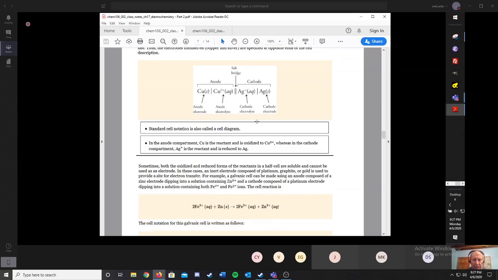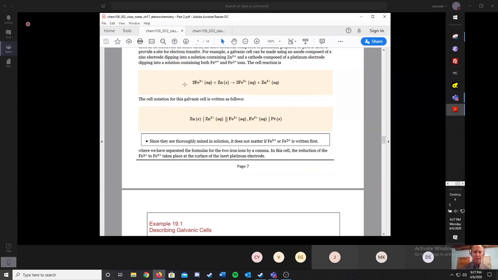And here it's described in more kind of like what I just said, but it has all the definitions shown. If we had a cell consisting of iron and zinc, it would be written with zinc solid in contact with zinc solution, separated. And we'd have iron 2, iron 3 in aqueous solution, in contact with a platinum electrode.